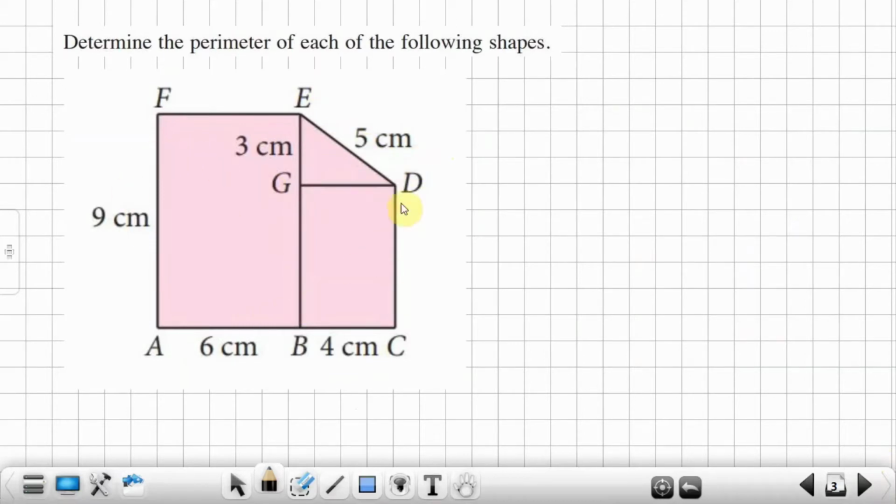Okay, so determine the perimeter of each of the following shapes. So this shape, what is the perimeter? You look at this shape, the perimeter is the total length of the enclosed side.